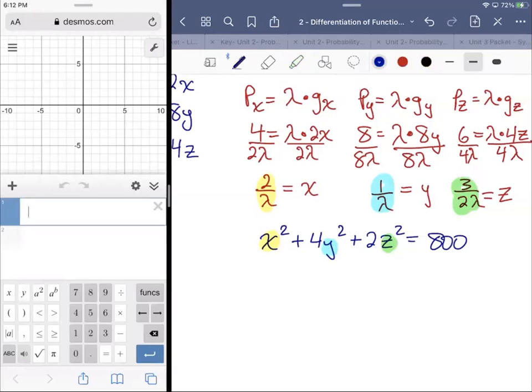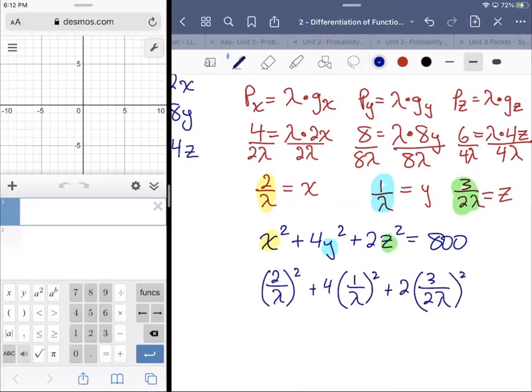All right, so 2 over lambda squared plus 4 times 1 over lambda squared plus 2 times 3 over 2 lambda squared is going to be equal to 800.